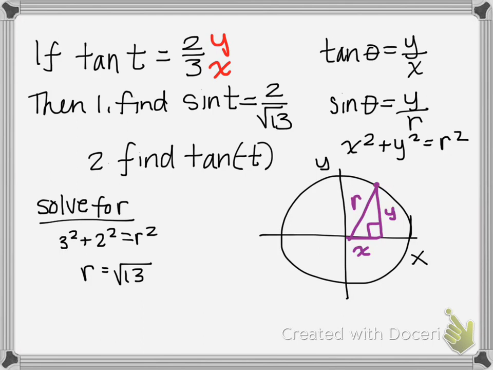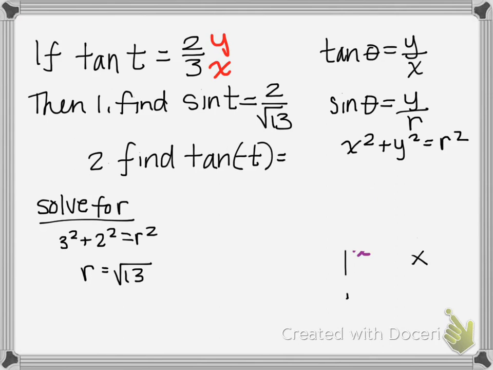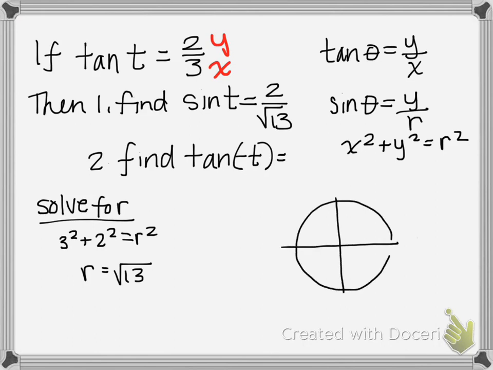The second part of the problem is sine of negative t. And there's actually a formula that students might memorize in order to do this, but let's see if we can logic it out. Now, remember, in all this discussion, t is an angle.